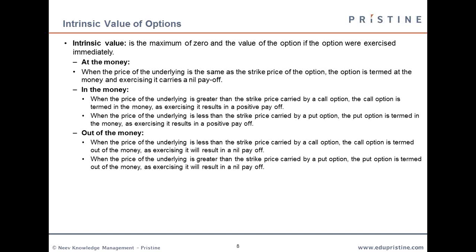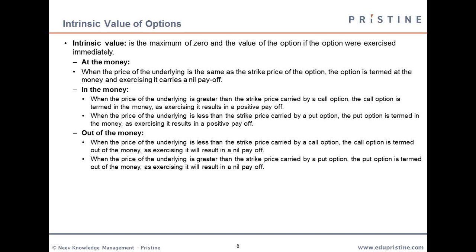An in the money option is something which gives you a positive payoff. In case of a call option, if the price of the stock is greater than the strike price, then if you sell it immediately, you get a positive payoff. So such a call option is called an in the money call option.